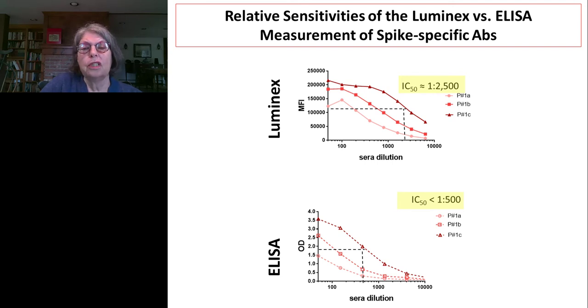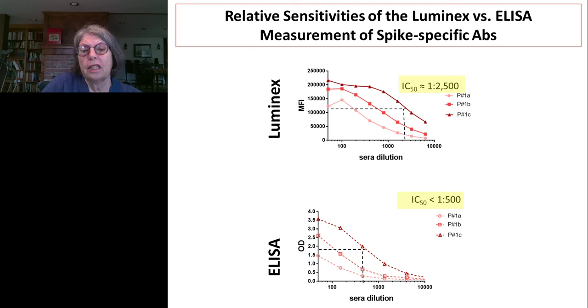And what you can see by looking at the 50% half maximal binding value, which is identified by the dashed lines, is that the half max value or titer that we identify, for instance, in the 15-day sample by Luminex is 1 to 2,500, whereas the same specimen in ELISA has a half maximal value of less than 1 to 500.